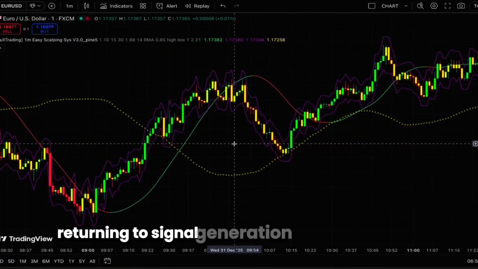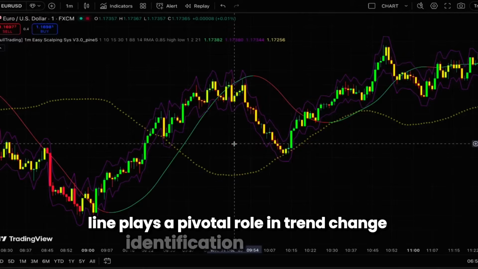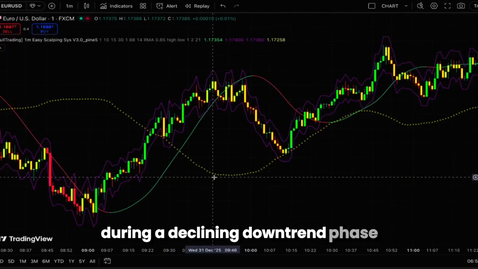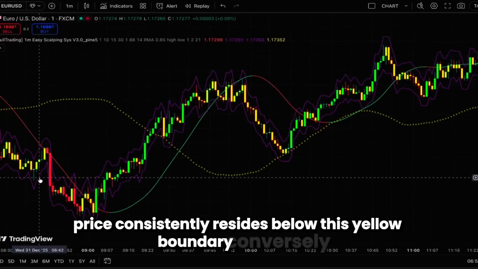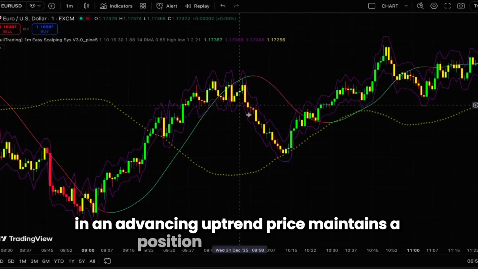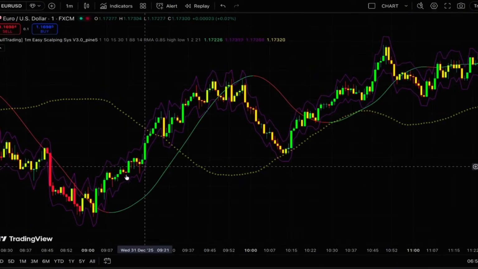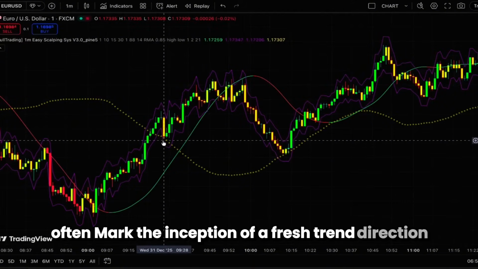Returning to signal generation, the yellow dotted line plays a pivotal role in trend change identification. As mentioned, during a declining downtrend phase, price consistently resides below this yellow boundary. Conversely, in an advancing uptrend, price maintains a position above it. Therefore, instances where price crosses above or below the yellow line often mark the inception of a fresh trend direction.